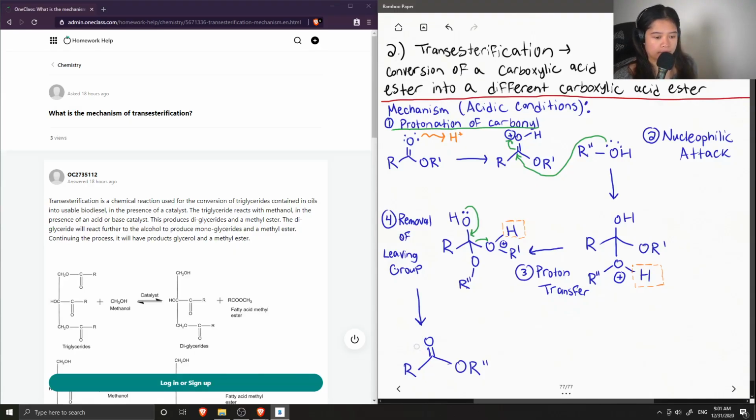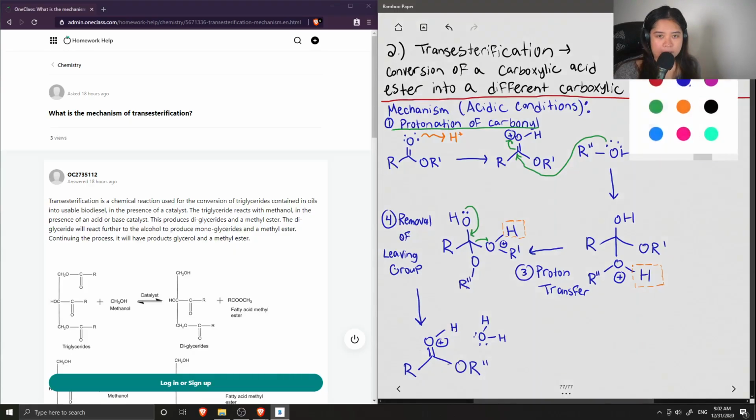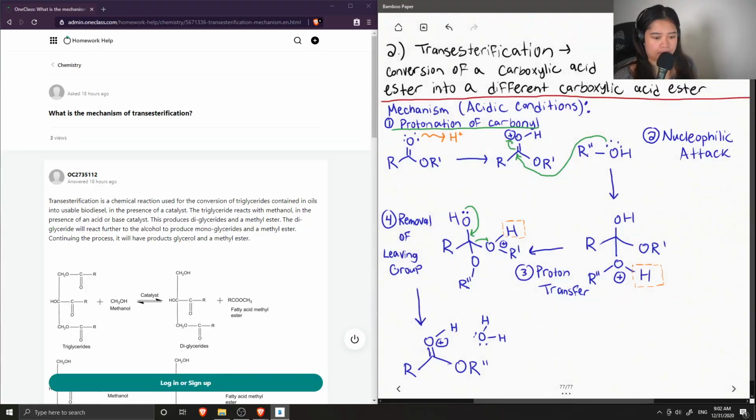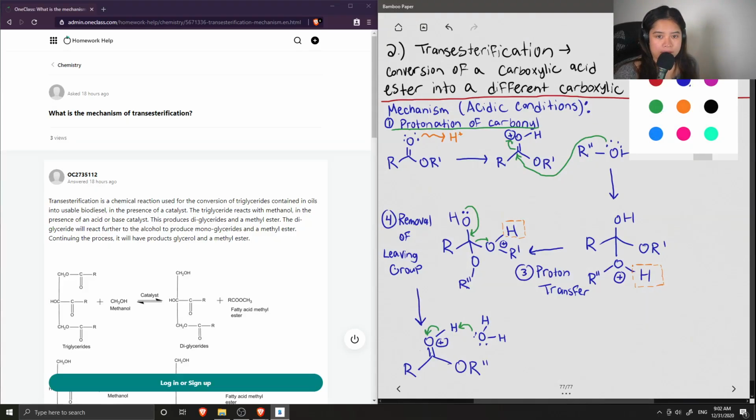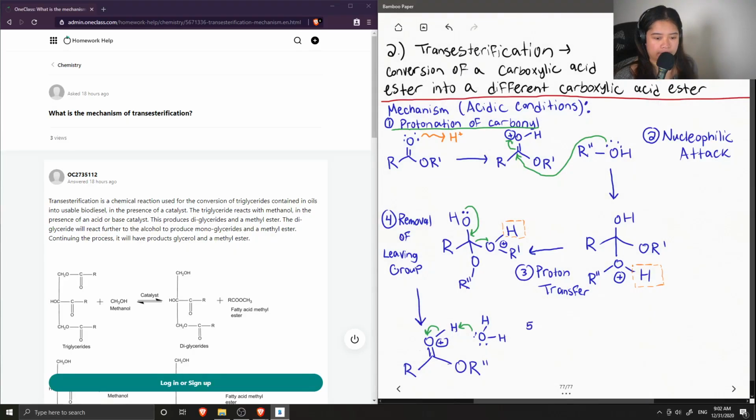Draw the hydrogen on this end. Because the next step is the removal of that proton. I'll just say step 5 is deprotonation.